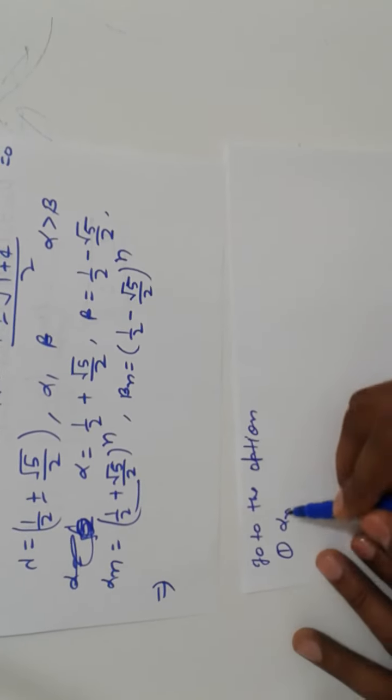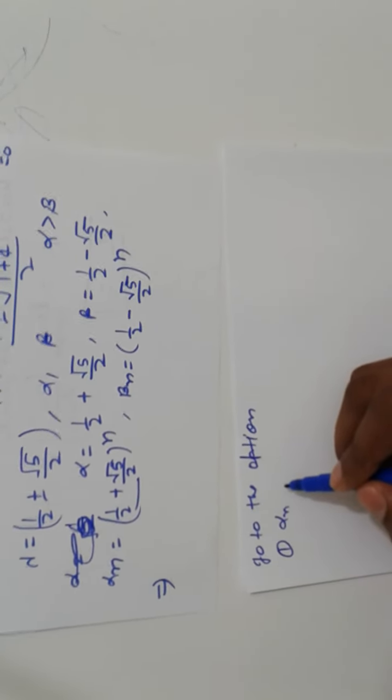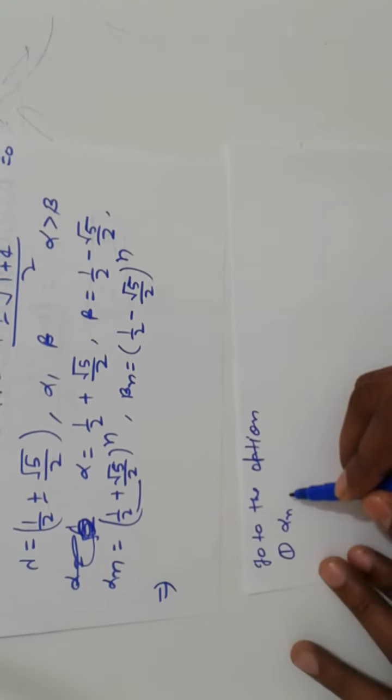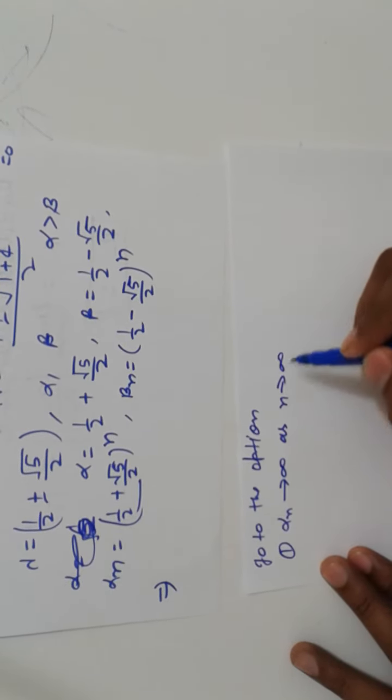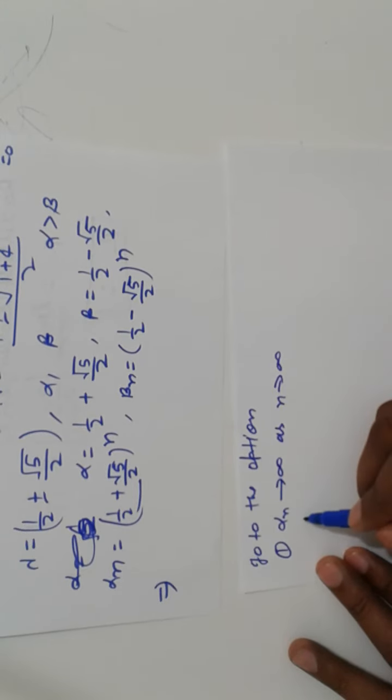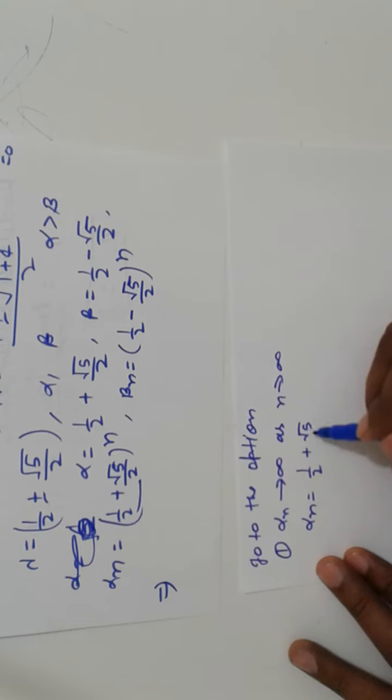First option: alpha n tends to infinity as n tends to infinity. Now check it. Alpha n is equal to 1 by 2 plus root 5 by 2, raised to power n.